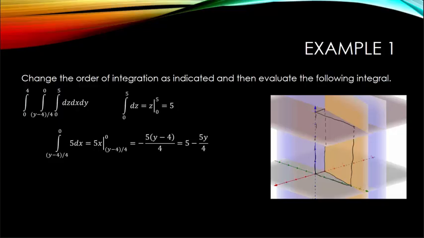This becomes the integrand in my outer integral, and I get the integral from 0 to 4 of the quantity 5 minus 5y over 4 dy. This integrates to 5y minus 5y squared over 8, evaluated between 0 and 4. I plug in those limits of integration and I get 20 minus 10, or 10.